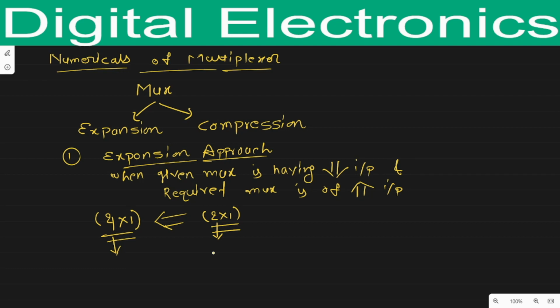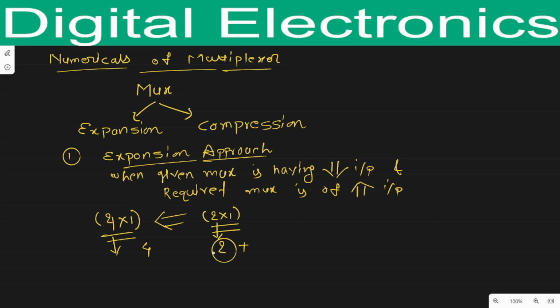How do we deal with this type of example? We will check how many inputs are there in the given multiplexer. Suppose 2 inputs are there, and in the required multiplexer there are 4 inputs. So how many times do we add the inputs of the given multiplexer to complete the required inputs?